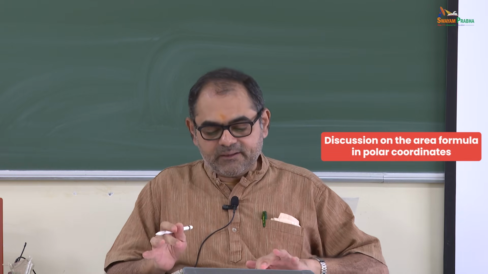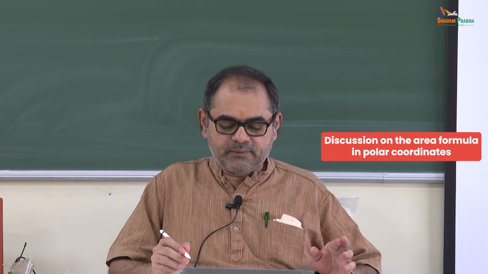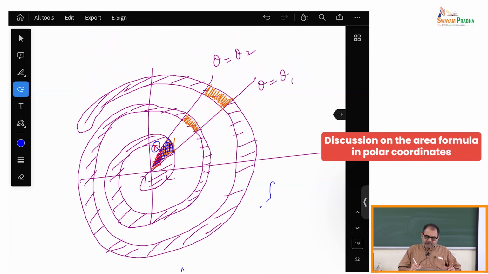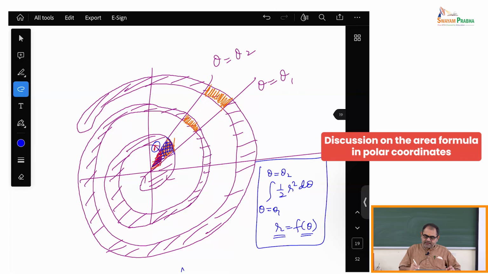On the other hand, it is correct to say that the formula integral from theta 1 to theta 2 of half r squared d theta is in general valid only for r equal to f, a function of theta. When you consider a situation like this, for a given value of theta there are several values of r, so as it is, it cannot be directly applied.